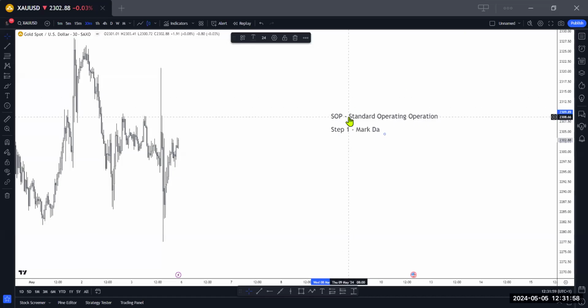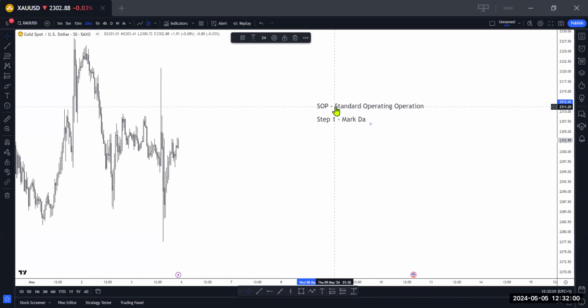All right, so for standard operating procedure, this SOP is a step-by-step way to approach trading the market. It involves everything we've talked about so far: types of SNR, validating SNR levels, liquidity concepts, MSUs, and trading engulfings.